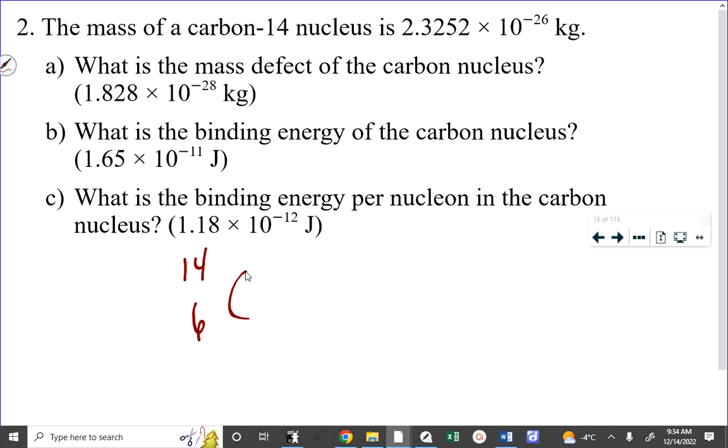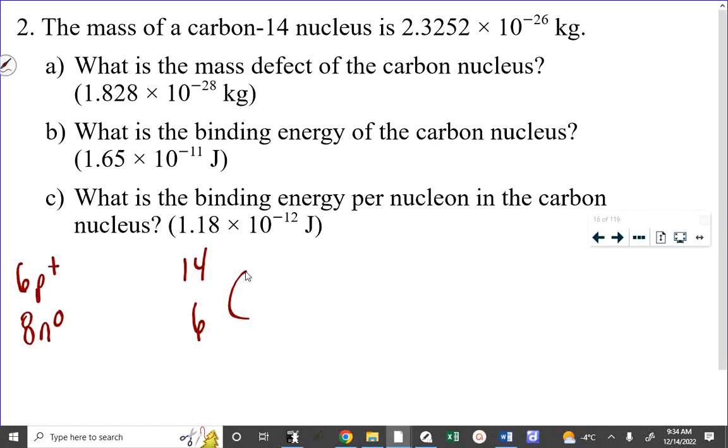Carbon is number 6. So that means that in this nucleus we're dealing with 6 protons and 8 neutrons. And I'm getting 8 by saying if there's 14 nucleons, 14 minus the 6 gives me the 8. You're okay with that? Okay.